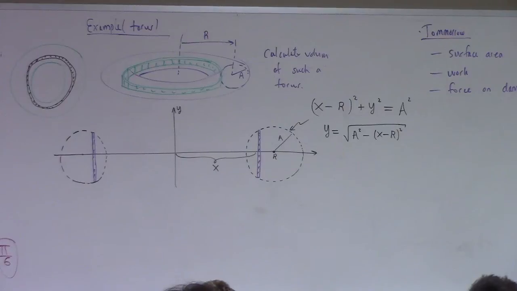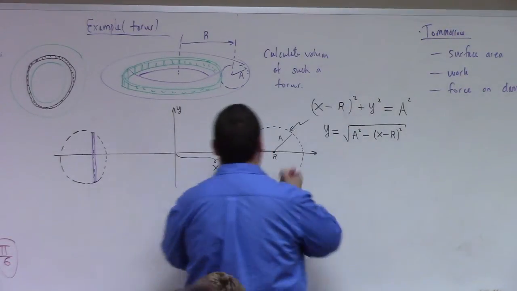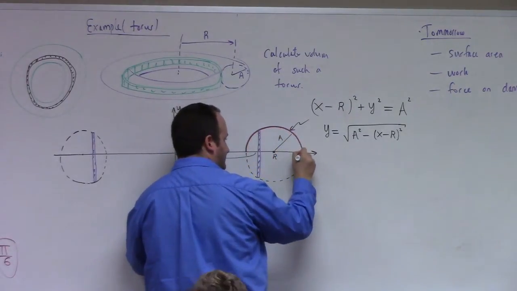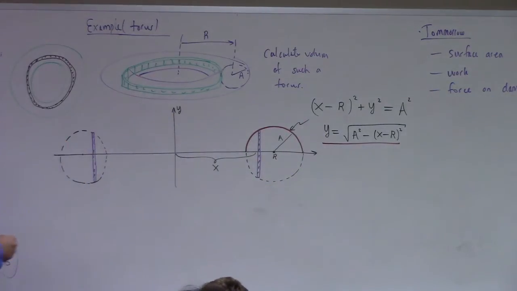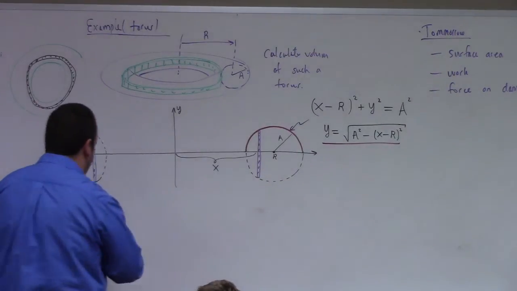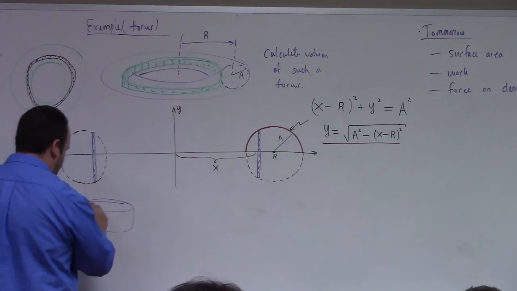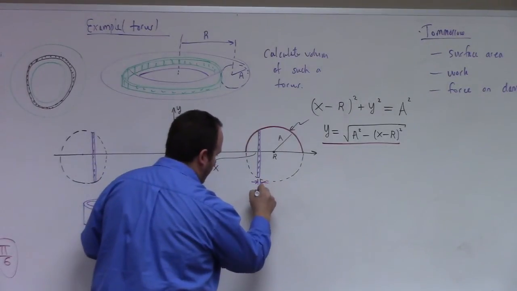Now, not for the whole circle. That's just legitimate for this part, right? What's the volume of this cylindrical shell? If you think about a cylindrical shell in the abstract, the thickness is just going to be dx.